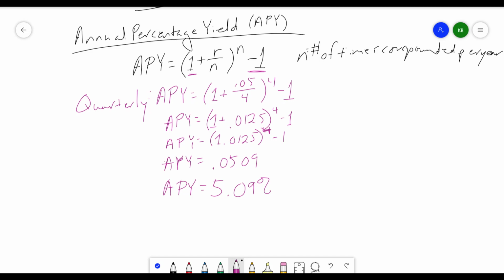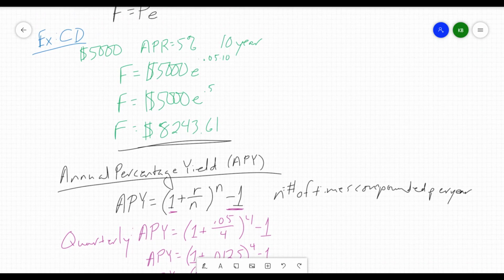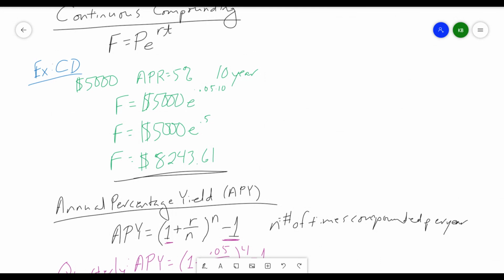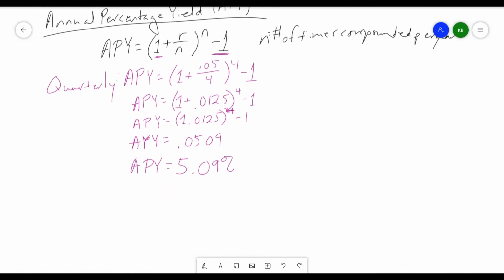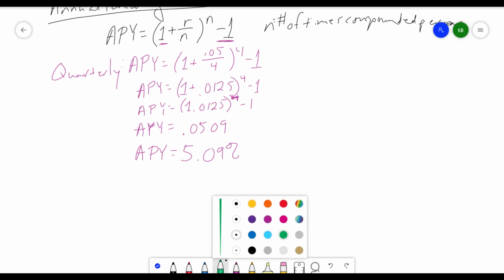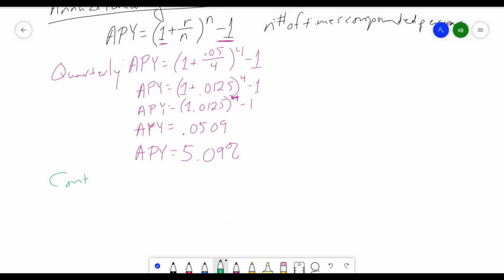Now, what was in my parentheses was different when I had continuous compounding. Remember, we're really just dealing with the thing that's being raised to the power, and in this case it's really just the e to the r. So let's look at our continuous compounding APY. In this one I'm going to do the e to the r part and subtract 1.